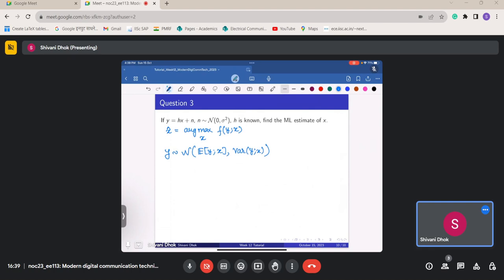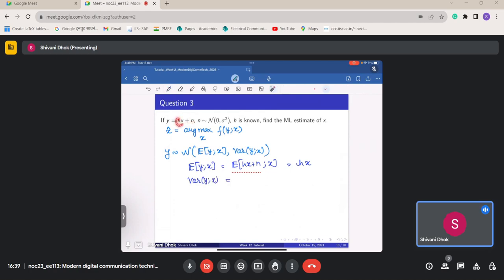Now what we need to find is the expectation of y given x, which is equal to expectation of hx plus n given x, which comes out to be equal to hx because expectation of n is equal to 0. Similarly, the variance of y will be equal to variance of this quantity here.